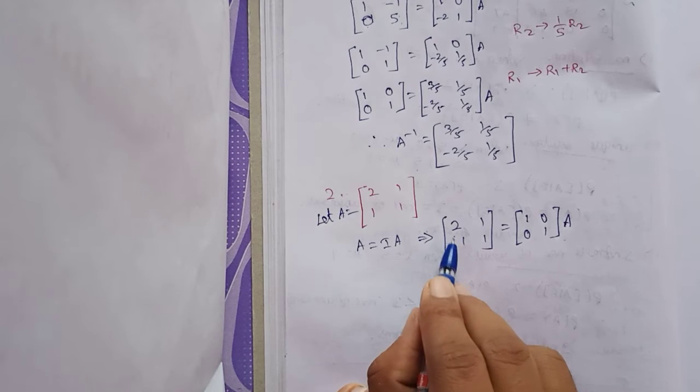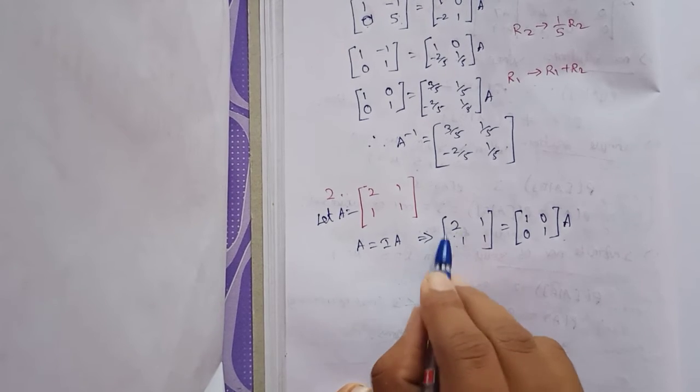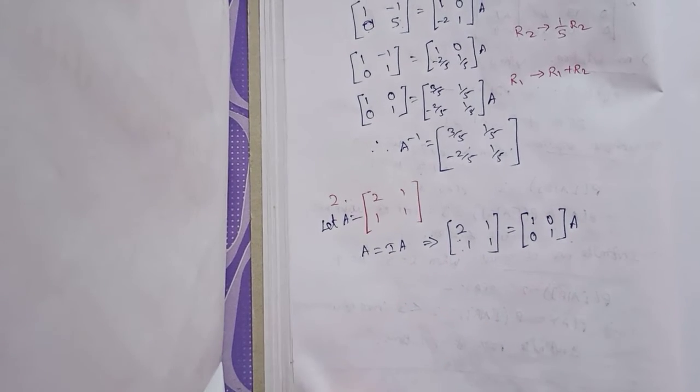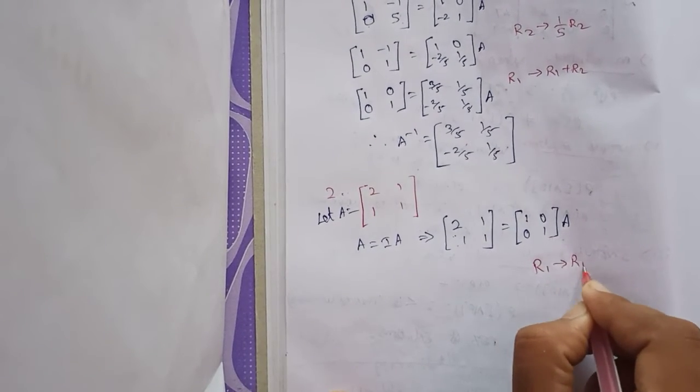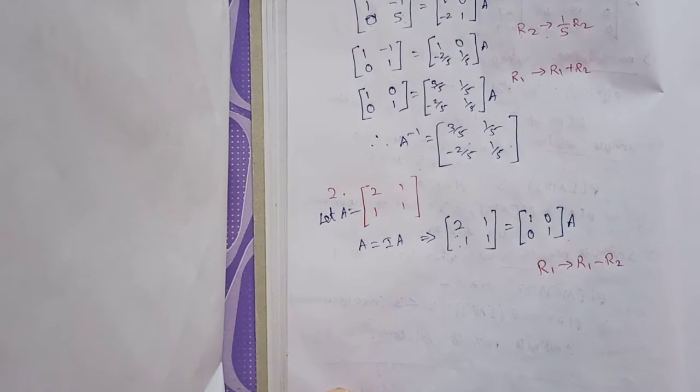We use row 1 minus row 2 to get this value as 1. So we apply R1 implies R1 minus R2.